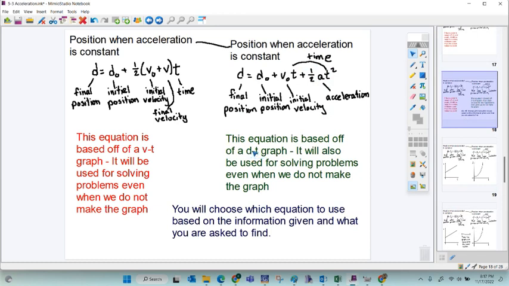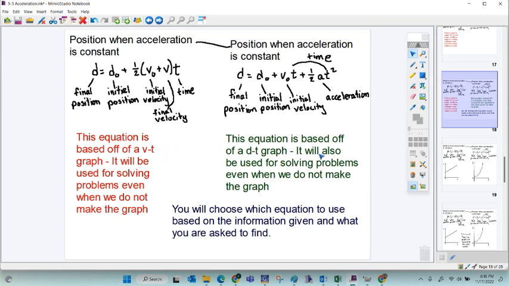This equation is also based off of a DT graph, but it's when you have that parabolic shape, okay? This one was based off of a VT graph. We will not be necessarily pulling it from the parabola or from the quadratic equation, but we once again will be able to use this when we don't have a graph, but I want to relate that to a graph.